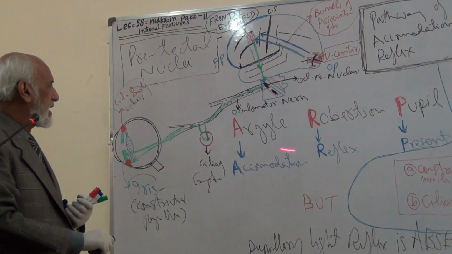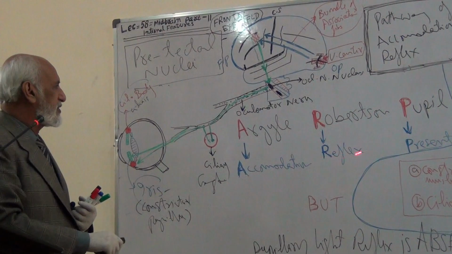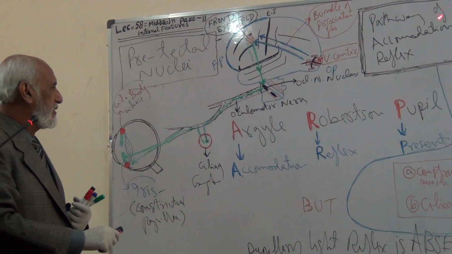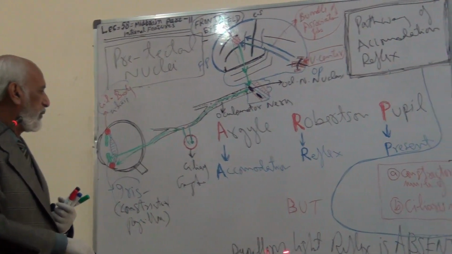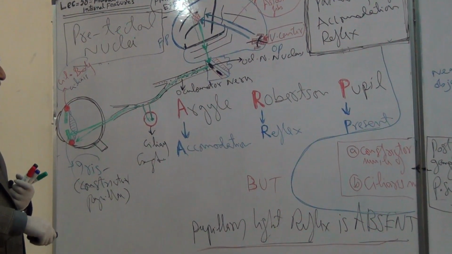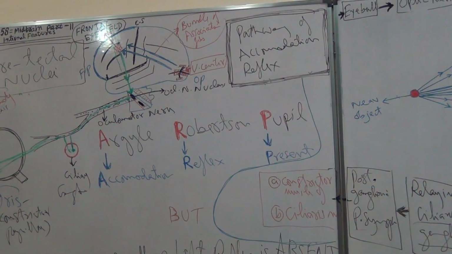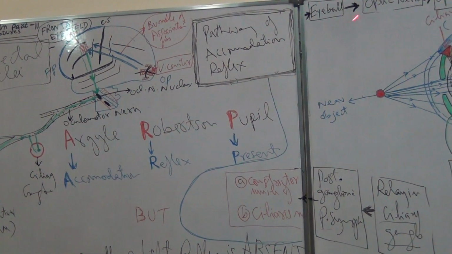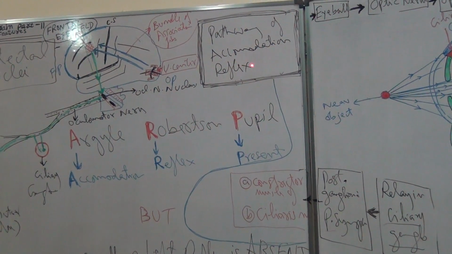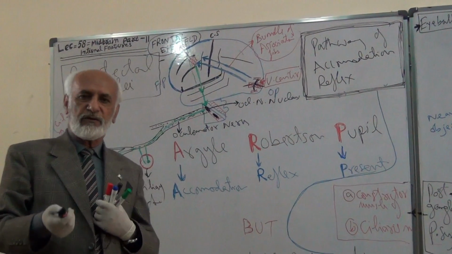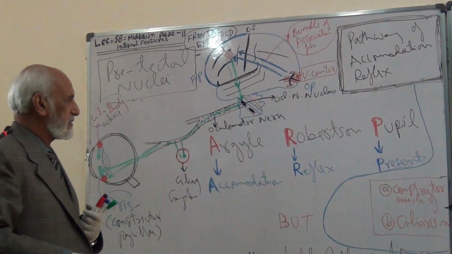So in Argyll-Robertson pupil, the accommodation reflex is present because the pathway for the accommodation reflex is different, but the pupillary light reflex will be absent. Why is pupillary constriction in the accommodation reflex present? Because of the pathway. The pathway for the accommodation reflex differs from the pupillary light reflex.